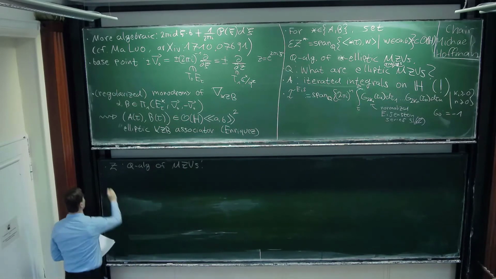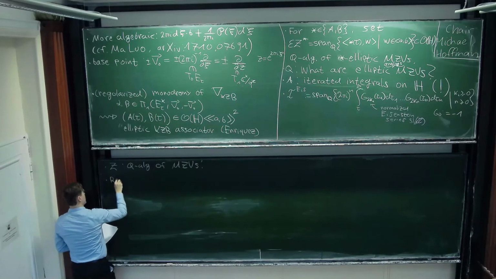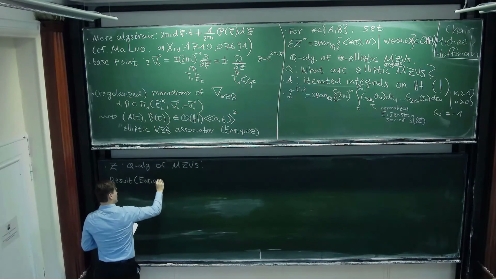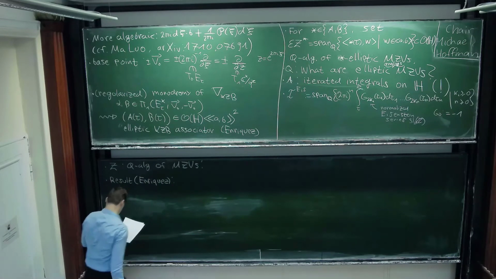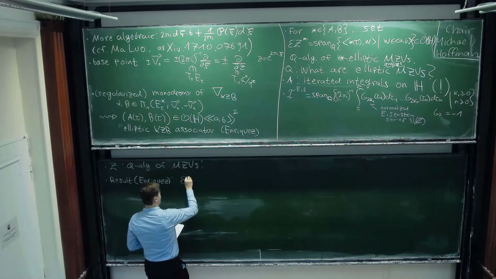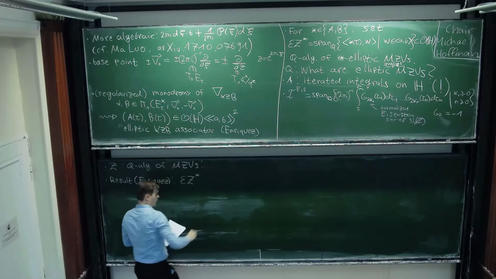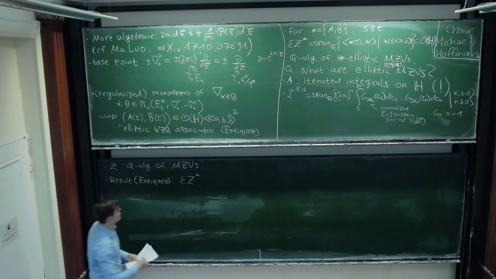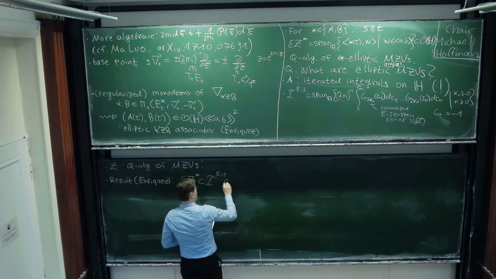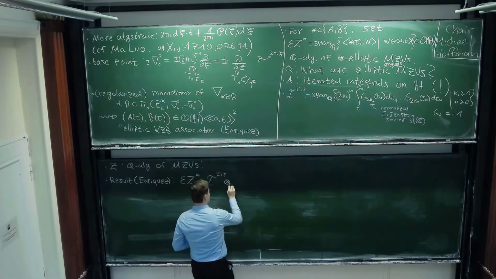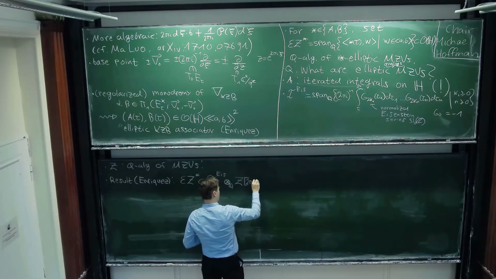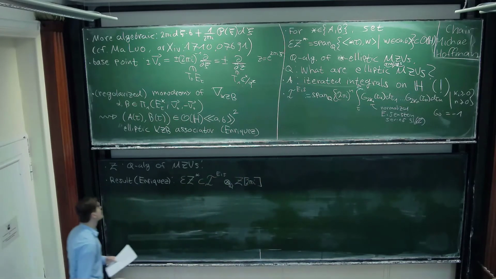And then I think Enriquez was the first to realize this, that elliptic multiple zeta values, whether A or B, are going to be contained in iterated integrals of Eisenstein series, tensor over Q, with Z, and I think you have to add 2 pi i here, otherwise it's going to be wrong.